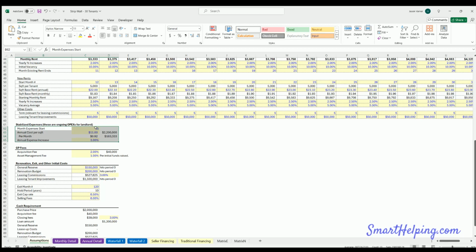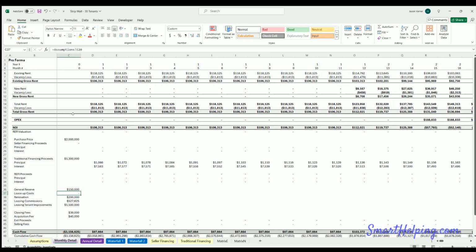And it doesn't have to be triple net lease, but it might be. You know, tenants are paying everything, and in that case, this would be a pretty low number, or it could be higher if you're not doing those. But this expense is what you see ongoing right here in row 18 on the monthly detail.